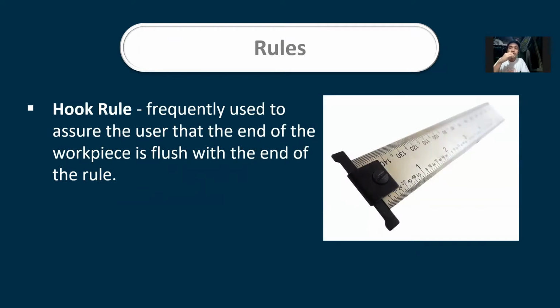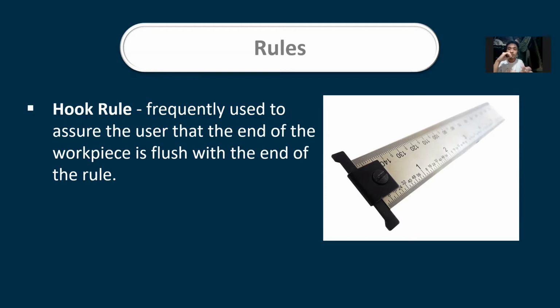Hook rule, frequently used to assure the user that the end of the workpiece is flush with the end of the rod. So, ito naman, it is a ruler na may parang holder sa hulihan. Basically, ito yung ginagamit kapag kunwari mag-measure tayo ng isang square board.